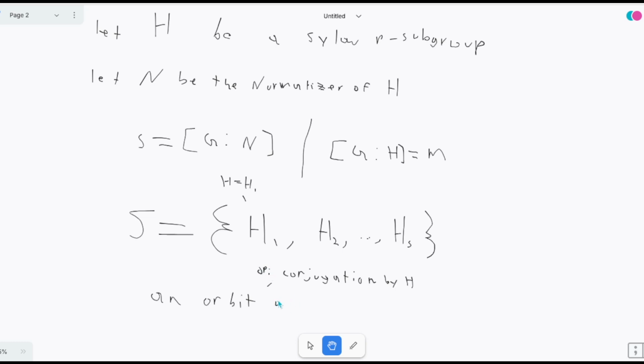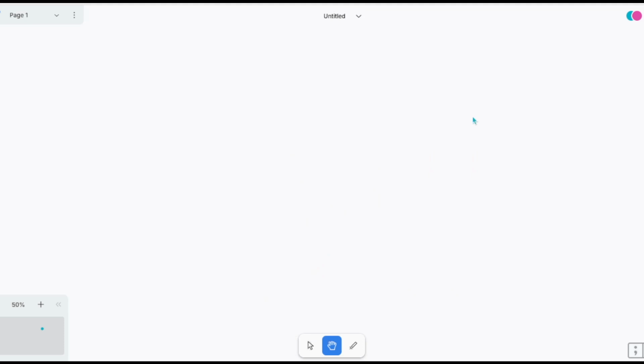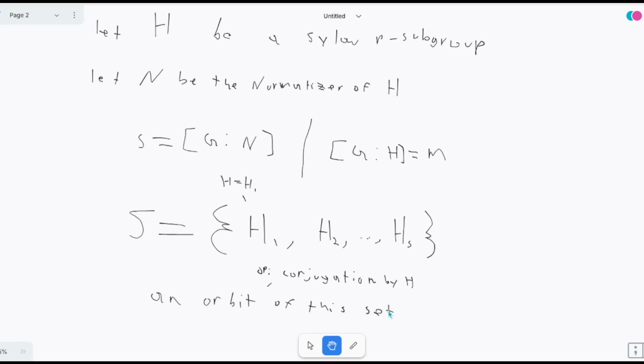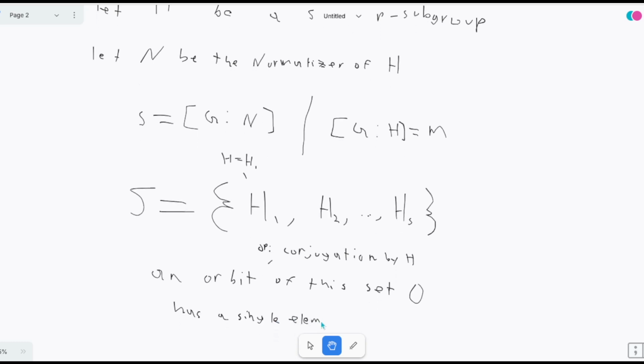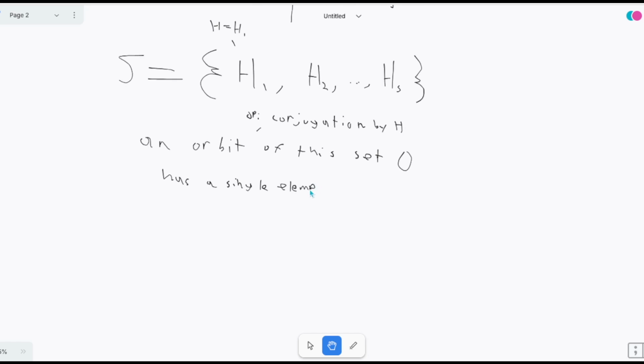So under what circumstances will an orbit of the set have a single element, H sub I?